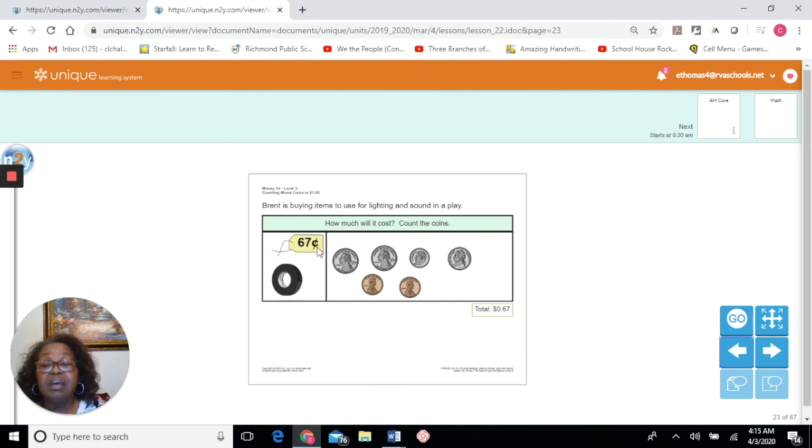So 67 cents. We identified the cent sign. We also were able to skip count by 5 for nickels, 10 for dimes, and 25 for quarters. We also know that 100 pennies, 100 cents equals one whole dollar.